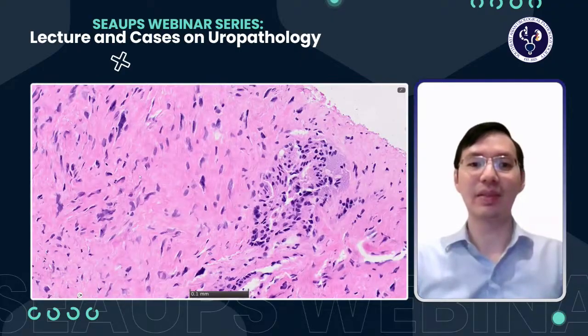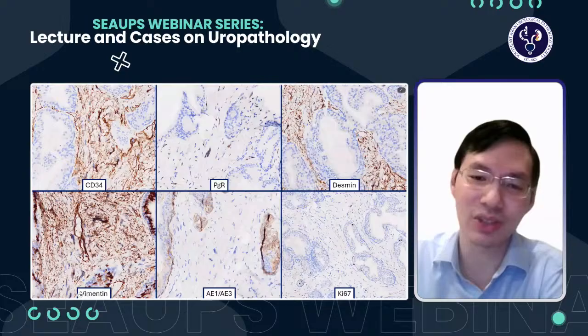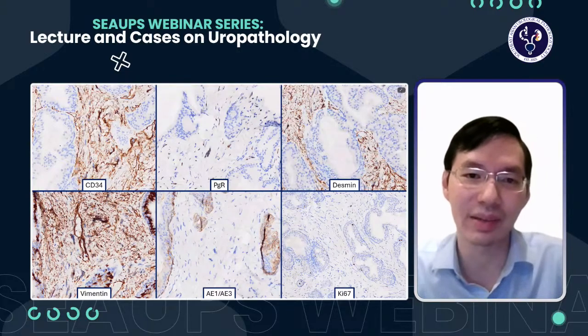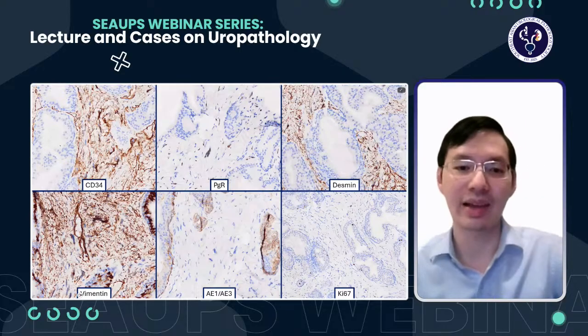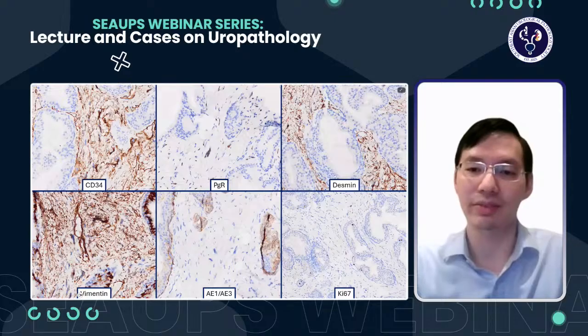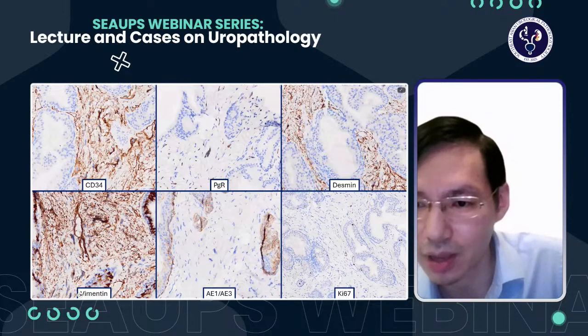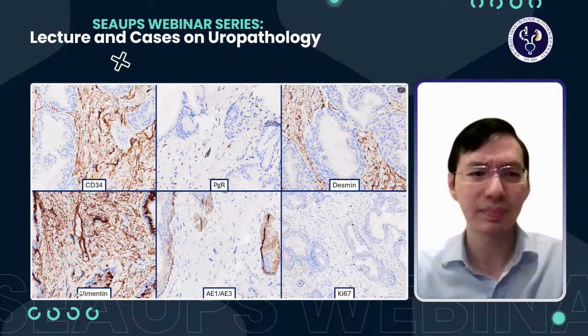We did another round of immunostains, and the results came back essentially identical. This time we added a progesterone receptor, and it's positive as well. AMACR was negative. Ki67 had very few cells positive. So it's still a STUMP.